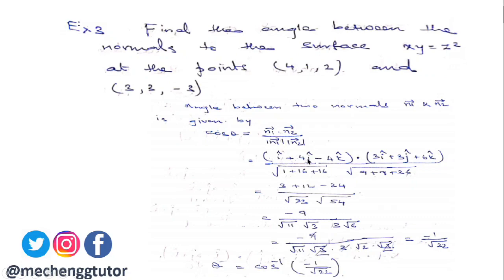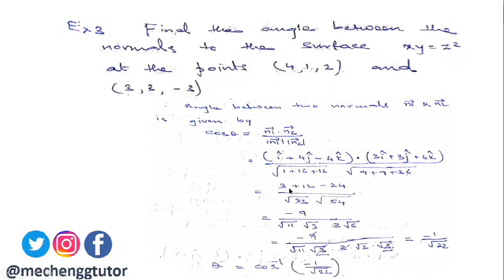So n1 bar is i plus 4j minus 4k dot n2 bar is 3i plus 3j plus 6k divided by root of 1 plus 16 plus 16, and here root of 9 plus 9 plus 36. So dot product, it is 1 into 3 plus 4 into 3, 12, minus 4 into 6, minus 24, divided by root 33 and here root 54.